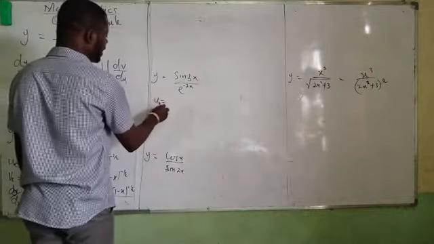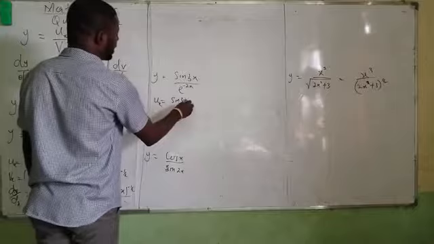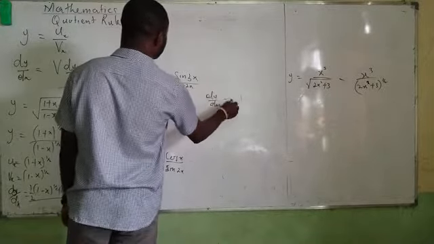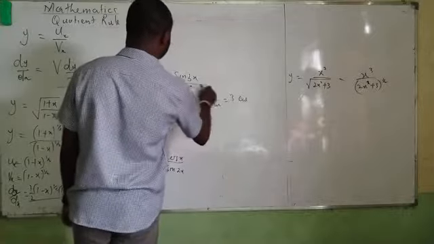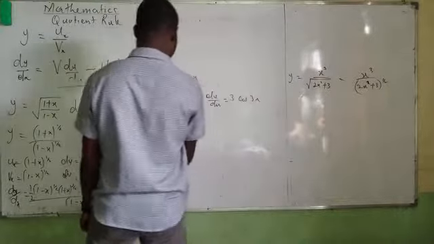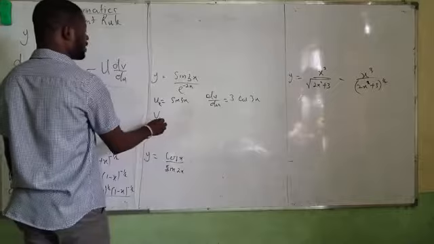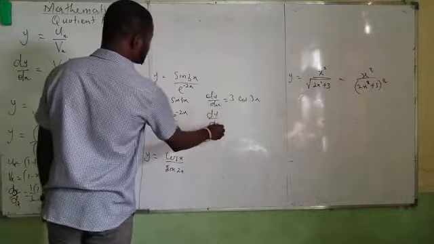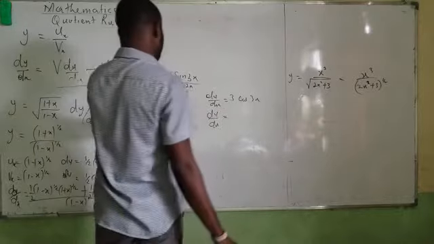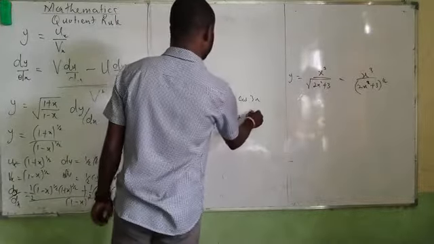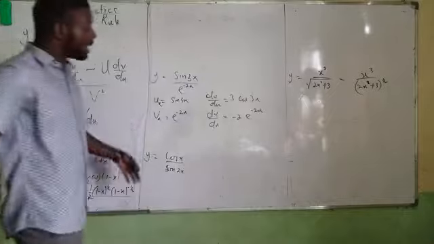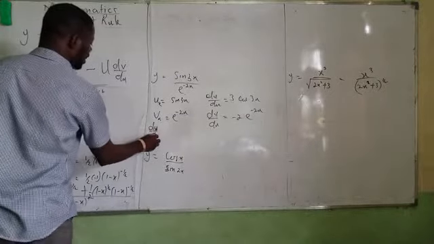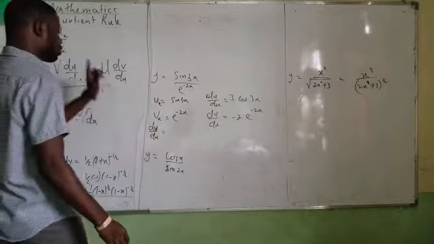Okay, look at this also. u of x will be equal to sine 3x, du/dx will be equal to 3 cos 3x. And v of x will be equal to e raised to power minus 2x, dv/dx will be minus 2 e raised to power minus 2x. Now, by so doing this, I can continue by having dy/dx equal to, what is my v?